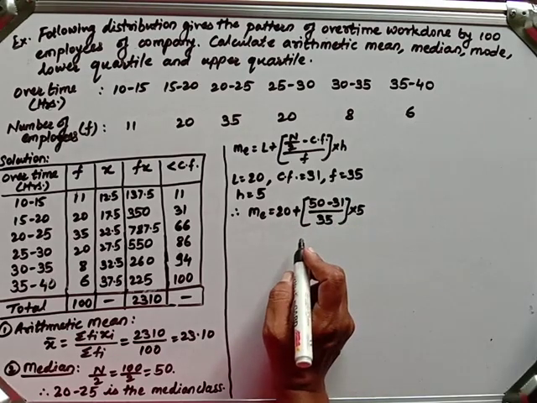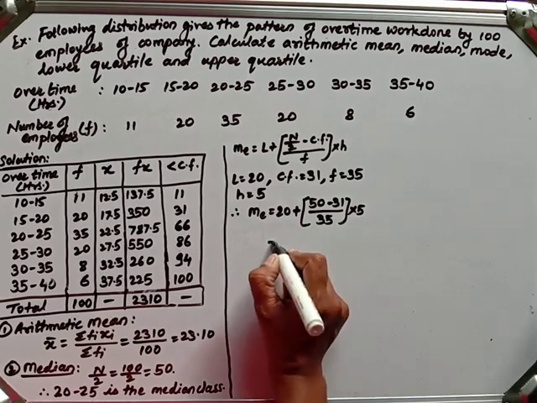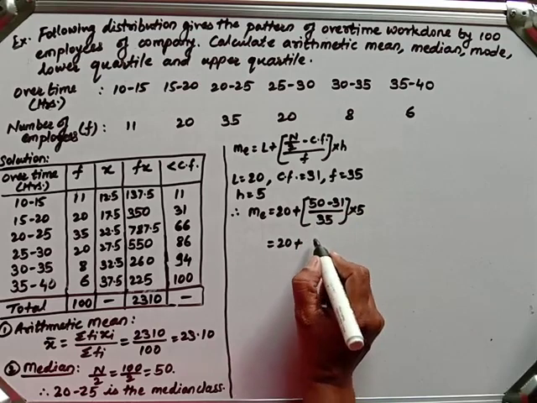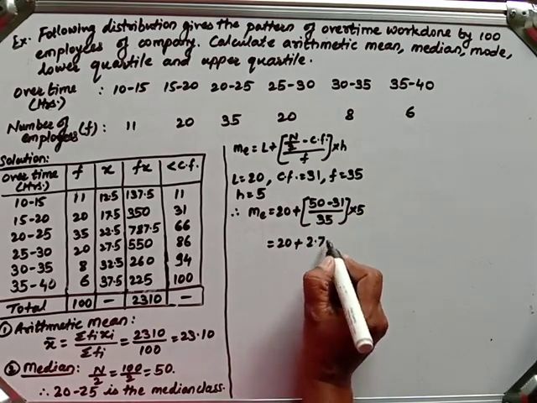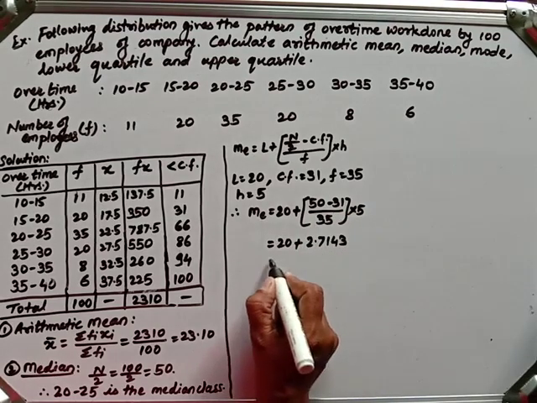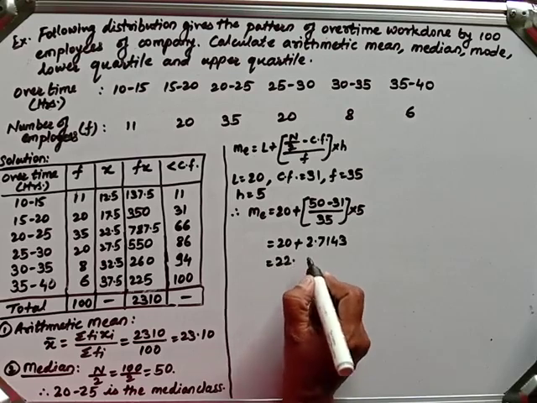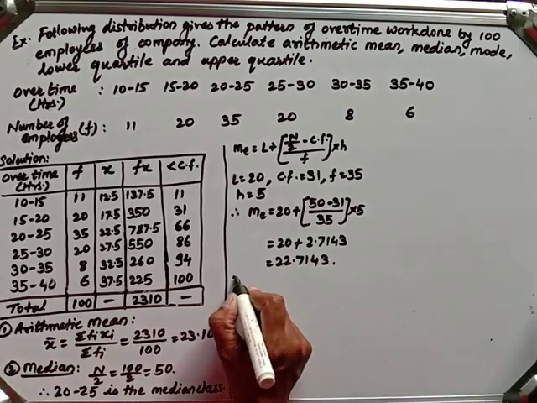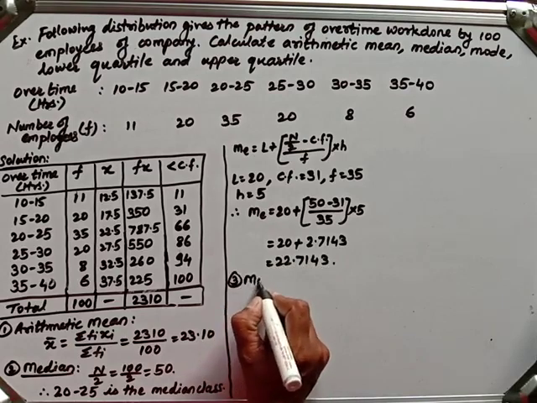Okay. So this is 20 plus, this calculation is 2.7143. So overall this is 22.7143. Fine. Now the third thing, let us determine mode.